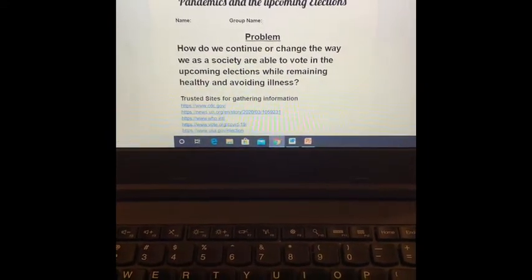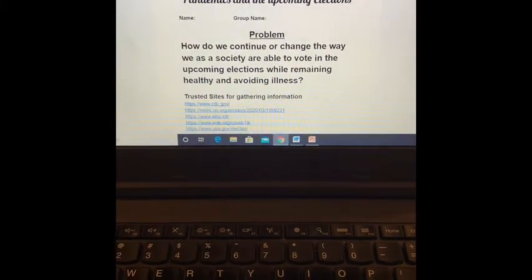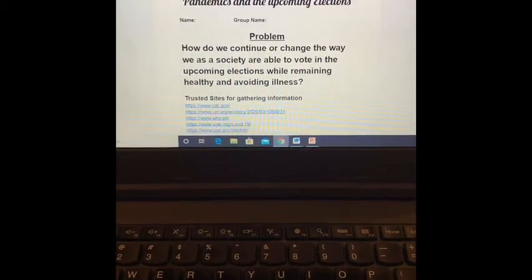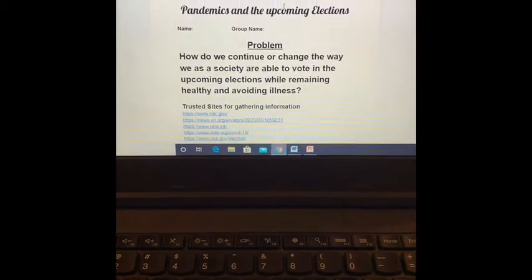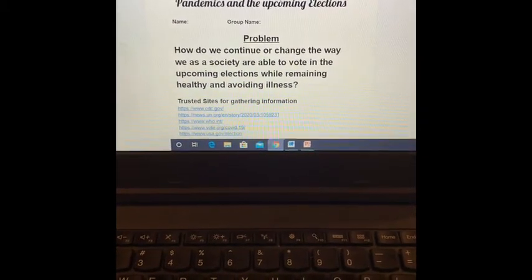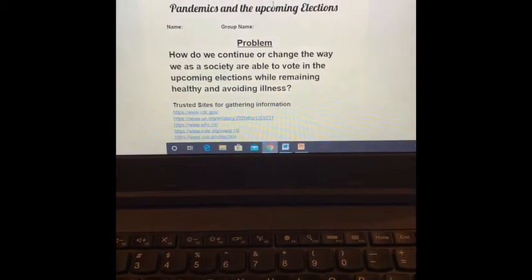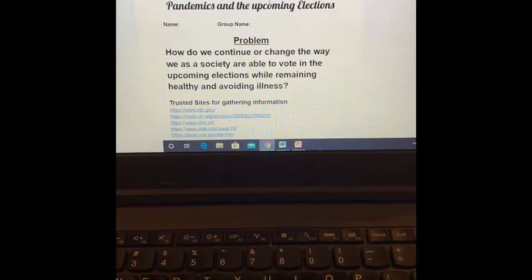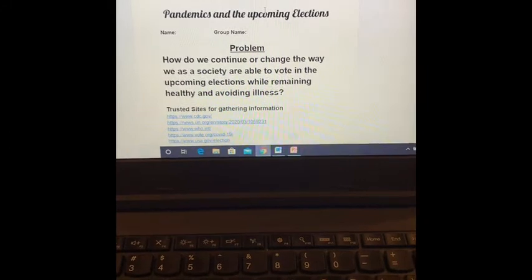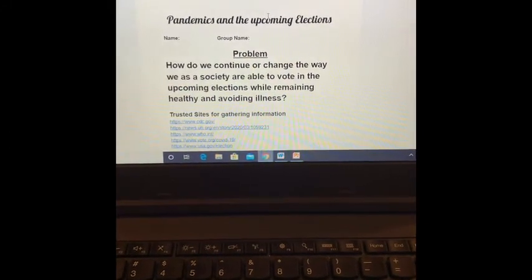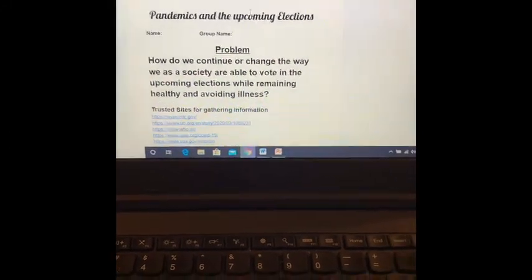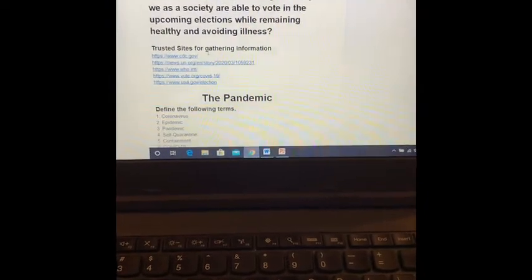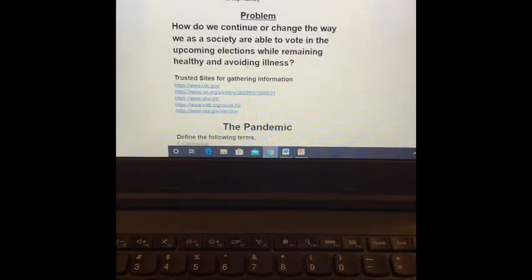But then that problem-based lesson plan really comes into play at the end, where the students will actually be able to come up with their own solutions to this problem. So it's kind of a three-tiered phase. We're going to learn some things about what the COVID-19 pandemic is.